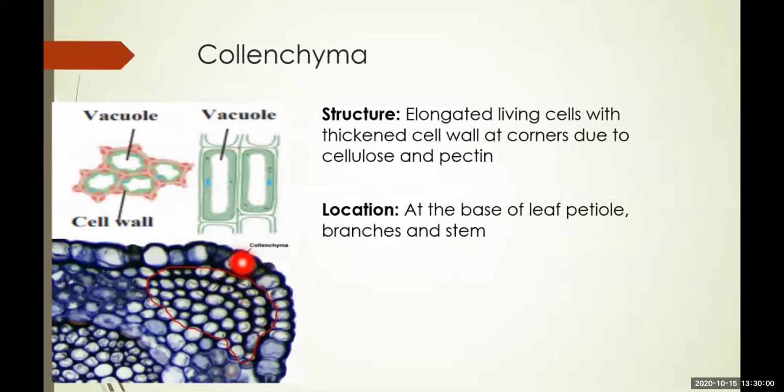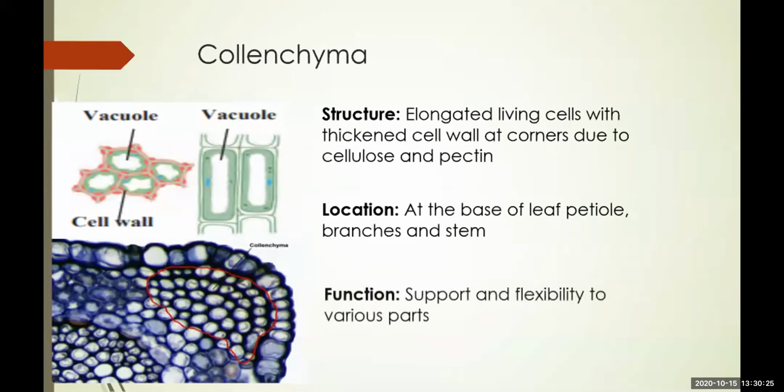The upper layer is parenchyma and the second layer is collenchyma cells. You can see the thickening of the wall. Notice the thickening of the outer surface of this cell. It is due to presence of cellulose and pectin. Where is this found? The collenchyma cells are found at the base of leaf petiole, branches and stem.